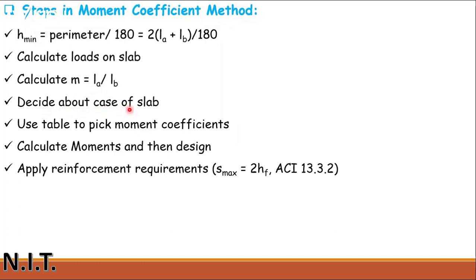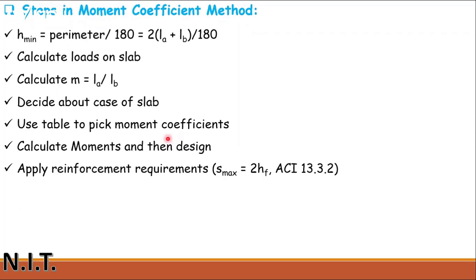There are 9 cases available. Which case is this? Either case 1, 2, 3, or whatever till case 9. Once you decide the case, use the table to pick the moment coefficients: CA negative, CB negative, CA positive dead load plus live load, and CB positive dead load plus live load.